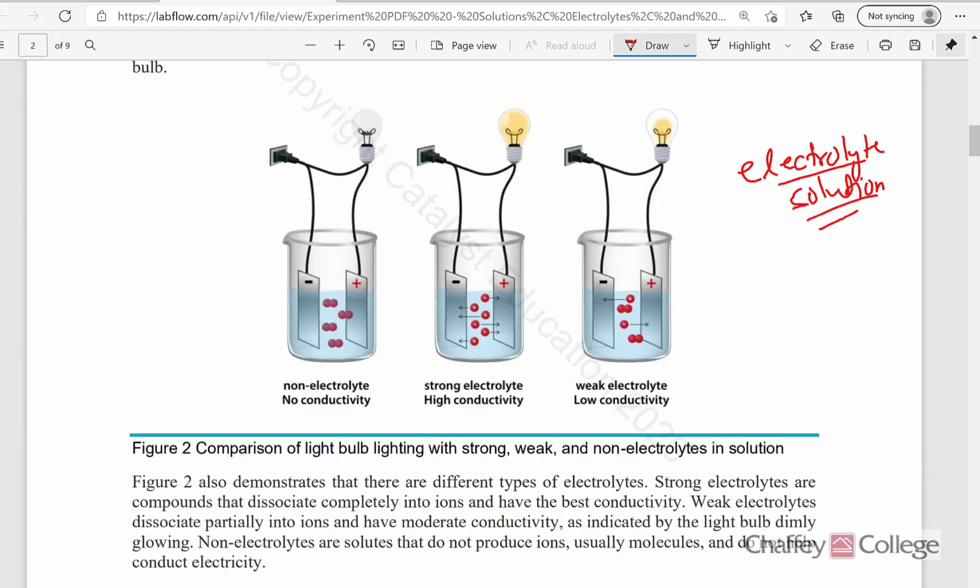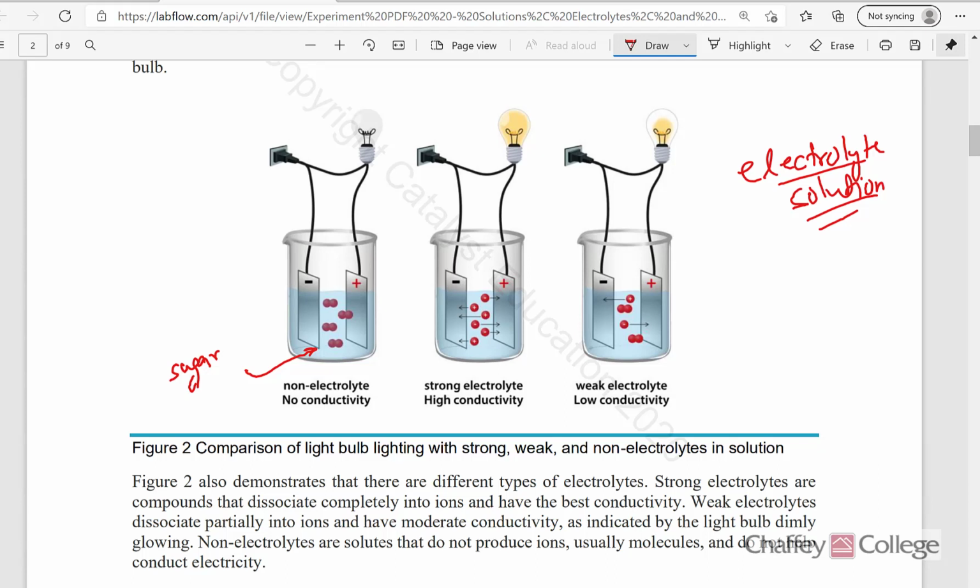So therefore, we can say that electrolytes are those solutes which, when dissolved in water, conduct electricity. For example, if we dissolve a covalent compound such as sugar or sucrose or glucose, it does not split into ions.